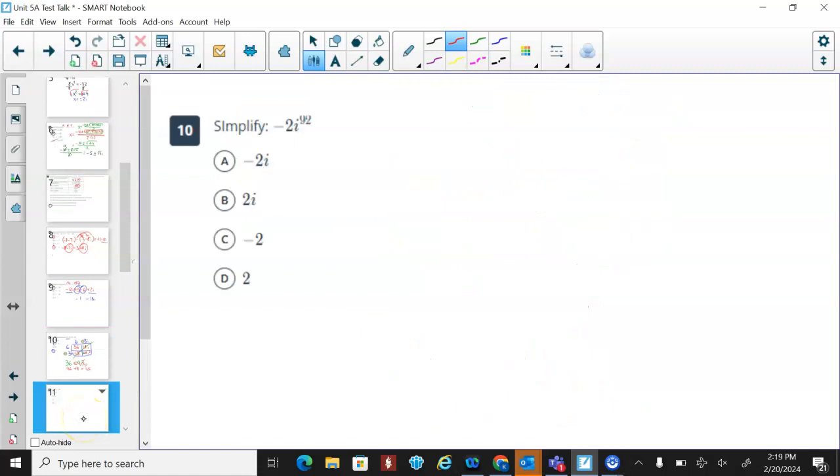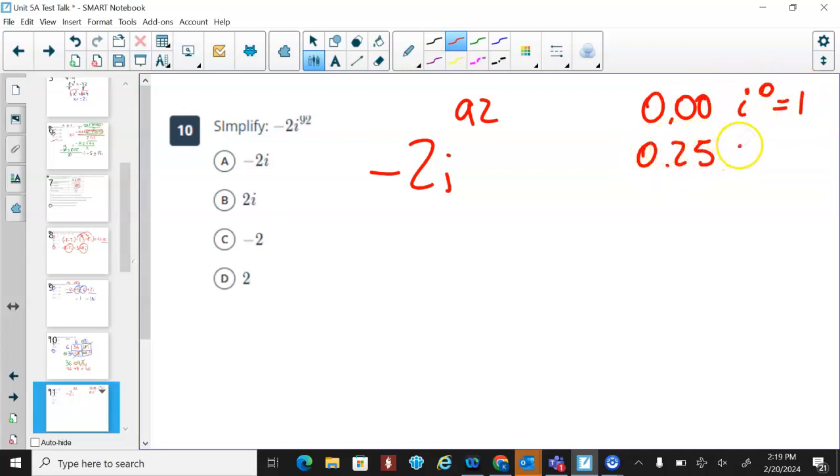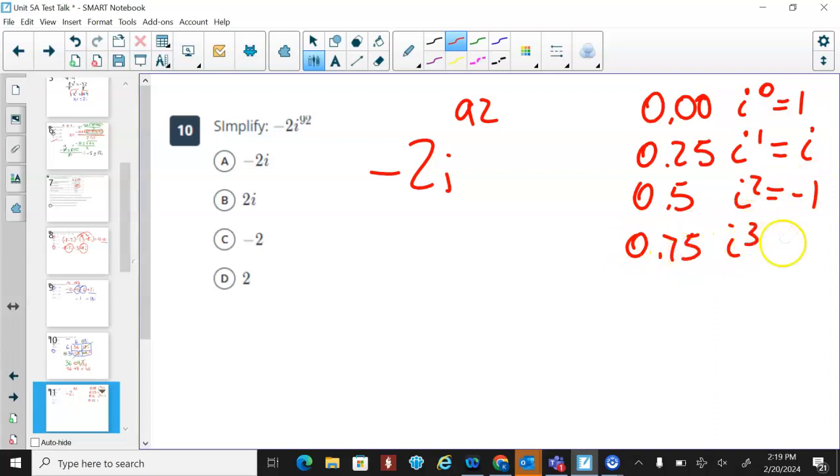All right, number 10, again, this is -2i raised to the 92. So remember, 0, which is no decimals, indicates i to a 0 power, which is 1. 0.25 indicates i to the first quarter, which is i itself. 0.5, which means that's 2 quarters, that's -1. And 0.75 indicates that's 3 quarters, and that indicates -i.